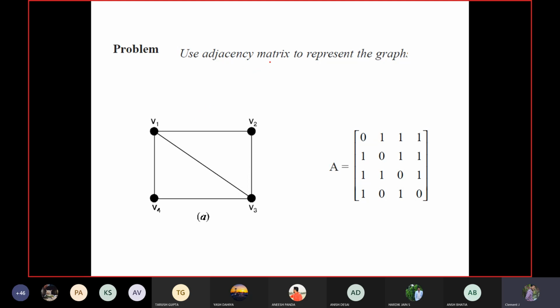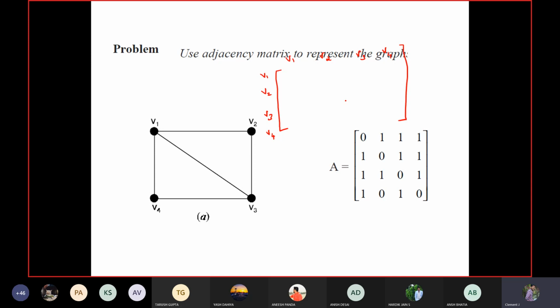So here I should arrange the adjacency matrix. Adjacency matrix means you create a matrix with the total number of vertices, which is 4. So V1, V2, V3, V4, and in the same way V1, V2, V3, V4.